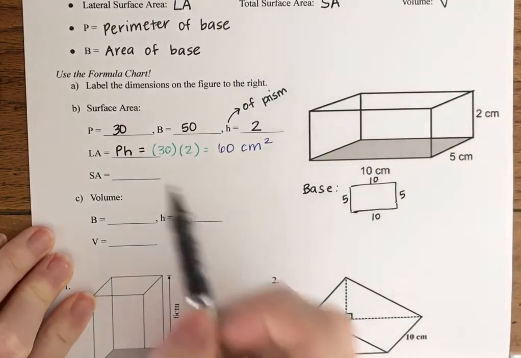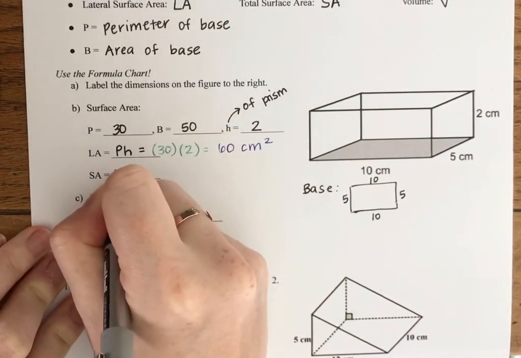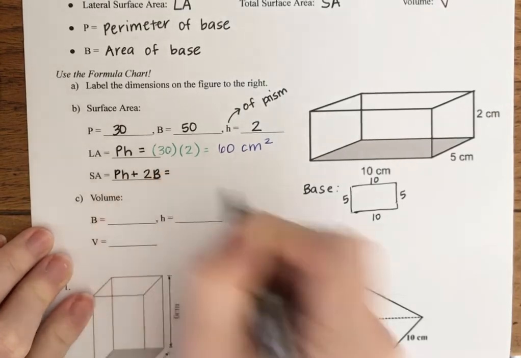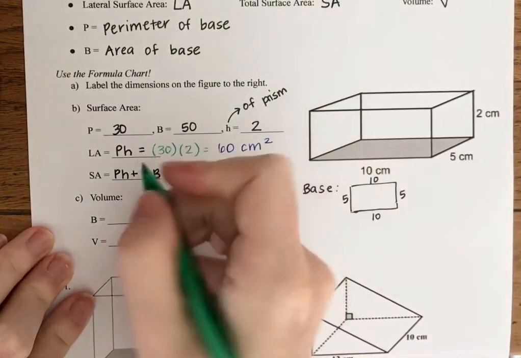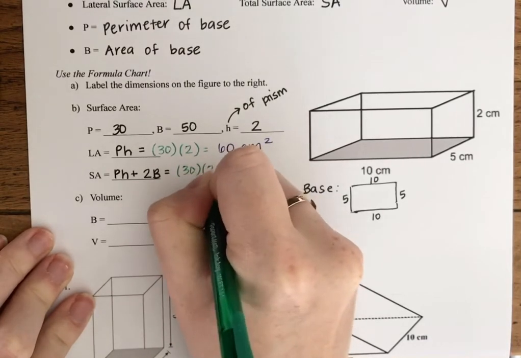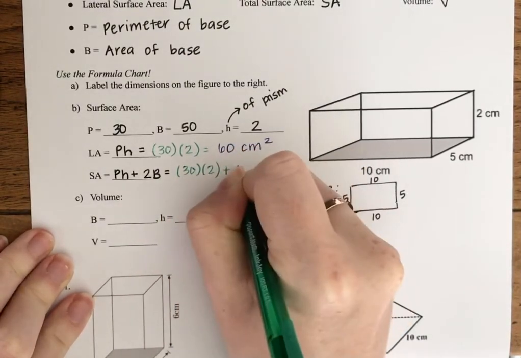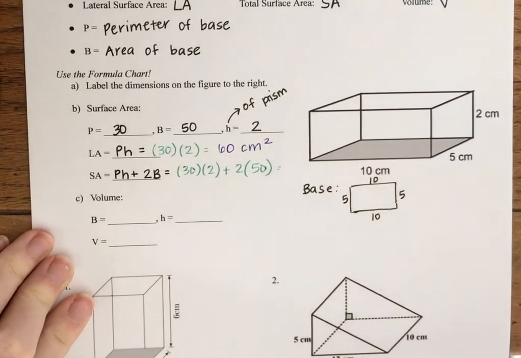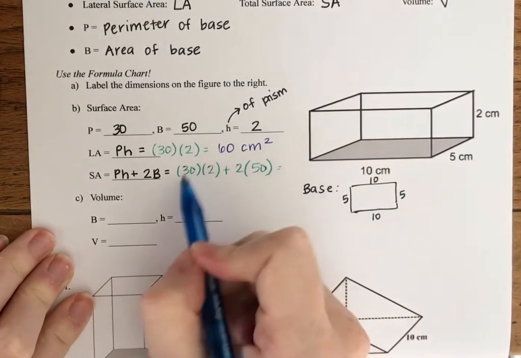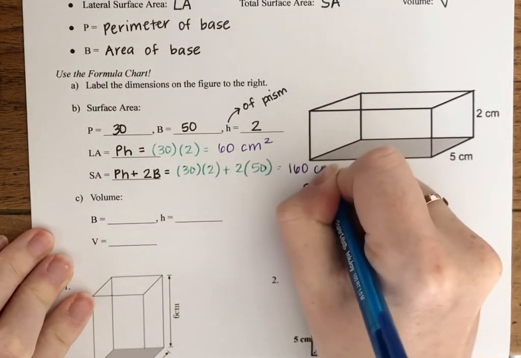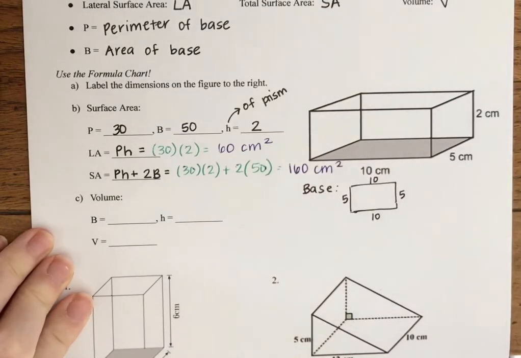All right, and then surface area, that formula is PH plus 2 times capital B. So let's plug everything in there. P again is still 30, H is still 2, plus 2 times capital B, which is 50. All of that together would be 60 plus 100, so 160 centimeters squared.